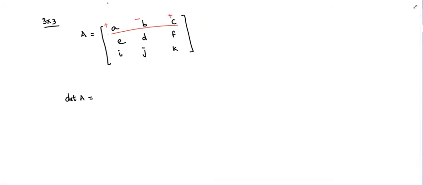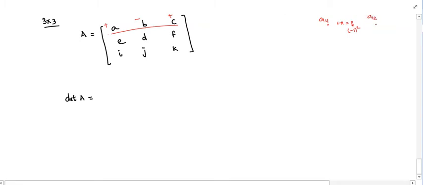What's the reason that this sign is plus? Because the position is a11. If you add 1 plus 1, you get 2. So minus 1 power 2, and 2 is an even number, so it is a positive sign. Whereas if you check this position, this is a12. 1 plus 2 gives you 3. It's an odd number, which gives you the negative sign.